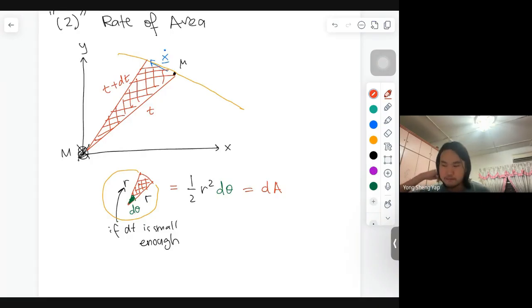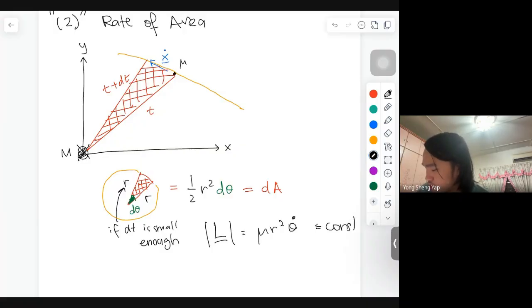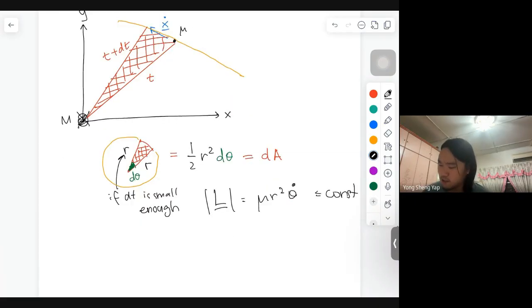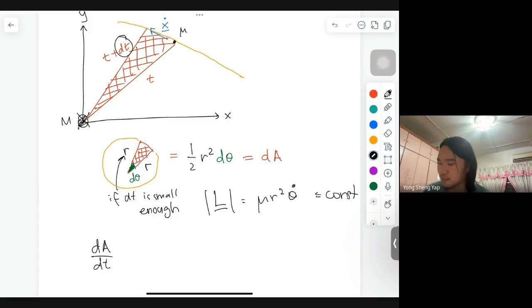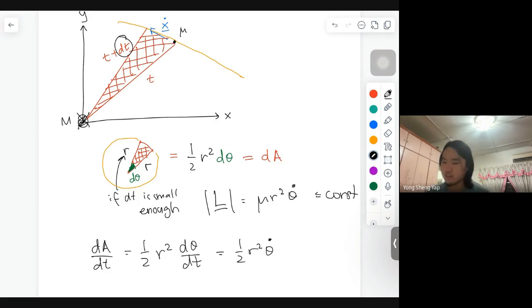And if you stare a little closely, remember that our angular momentum is a constant, which was mu r squared theta dot. If I divide the equation above by the amount of time that the reduced mass has undergone motion, this is going to be half r squared d theta dt, which in our notation is half r squared theta dot, and this is a constant.